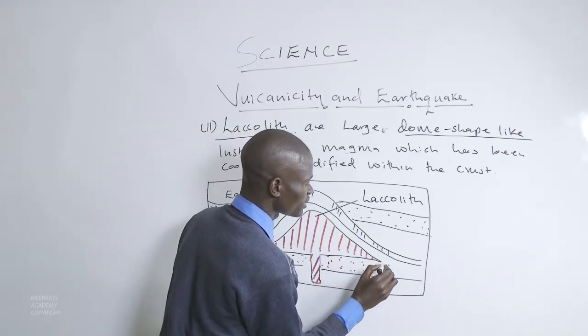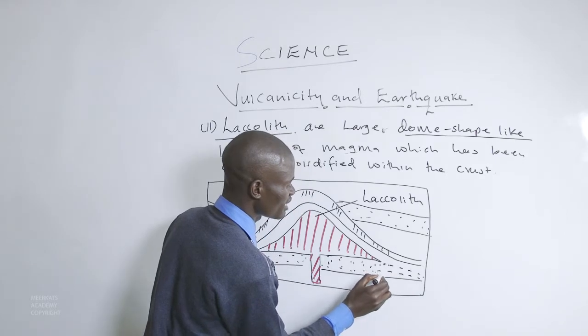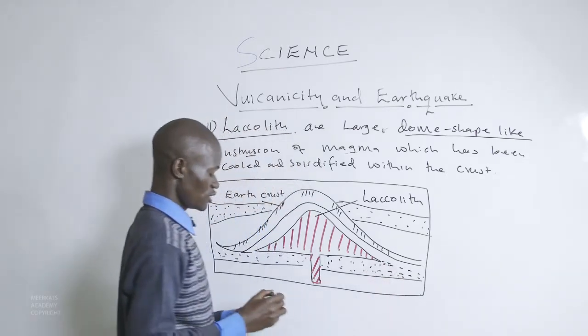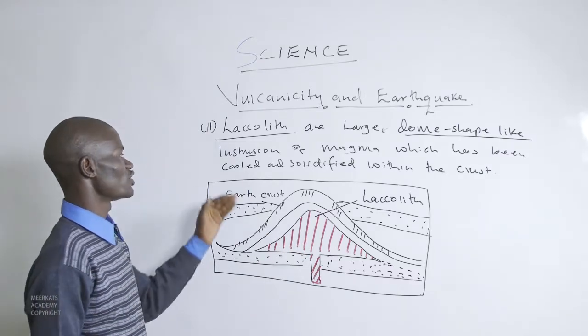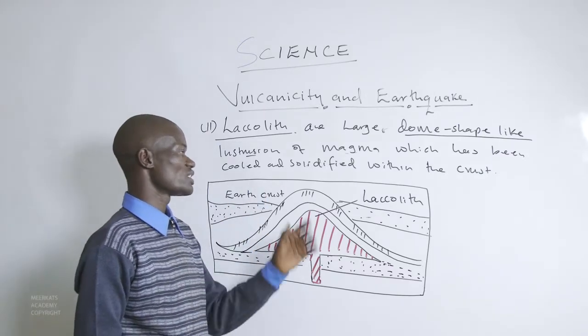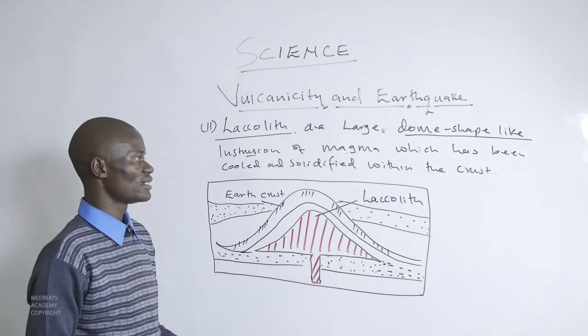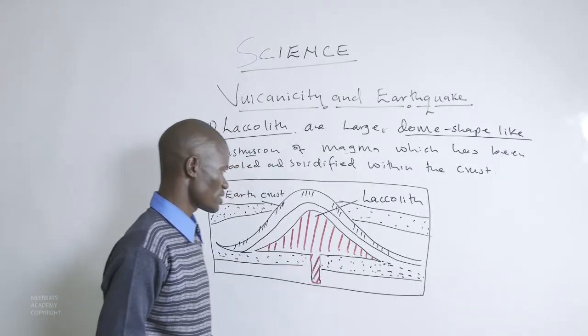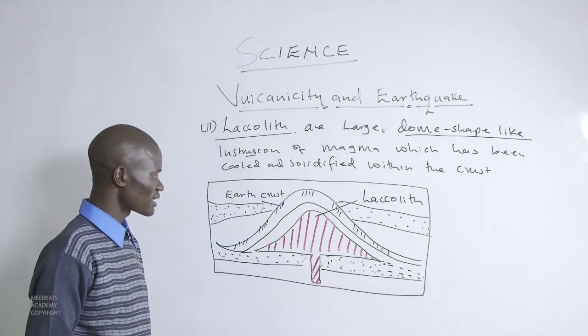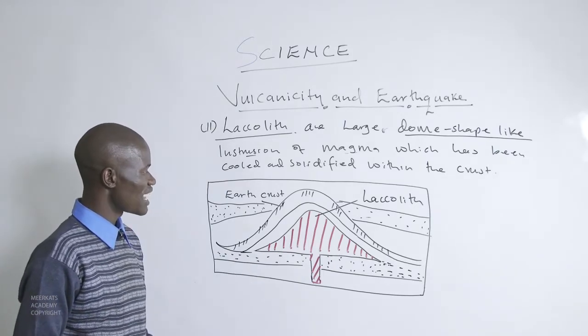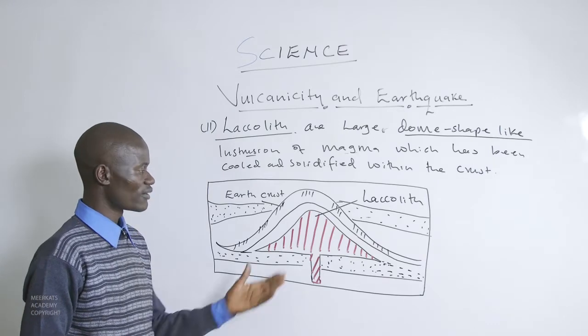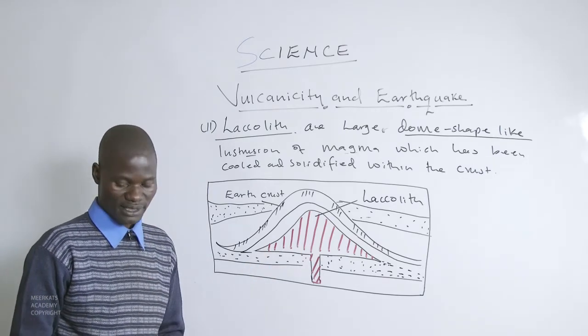When magma cools and solidifies itself within the bedding planes, it leads to the formation of a large dome-shaped intrusion of magma, which has been cooled and solidified within the crust of rocks or the bedding planes of the earth, and therefore forming a huge mass of an intrusion we refer to as a Laccolith.